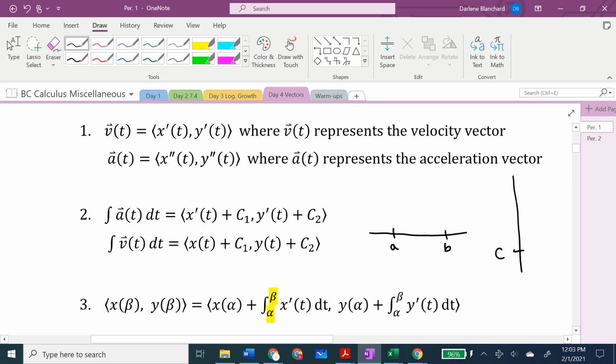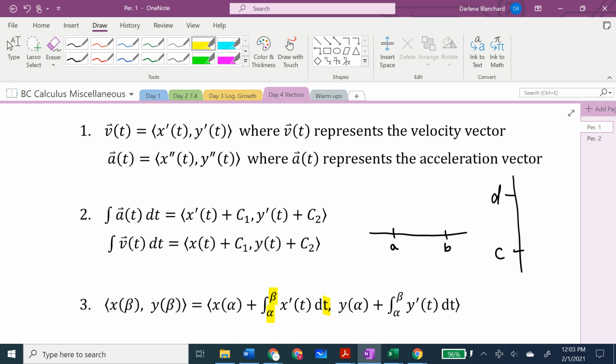And if it's vertical, we typically use the letters C and D for the vertical limits. But we're not using the X or the Y points, we are using time points. I have an alpha time and a beta time, and they are not based on the X or the Y position. So I want to really emphasize that.